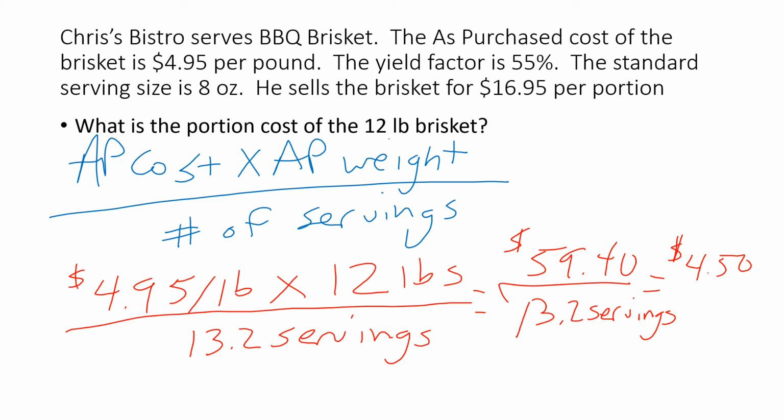Explain to me what portion cost is. That's what it cost us to produce that one portion of brisket. Is that like lights, water, and all that? No, that's just the brisket. That's just the food. That's our food cost. Okay? So our food cost is $4.50 and our selling price is $16.95. The next question is what?